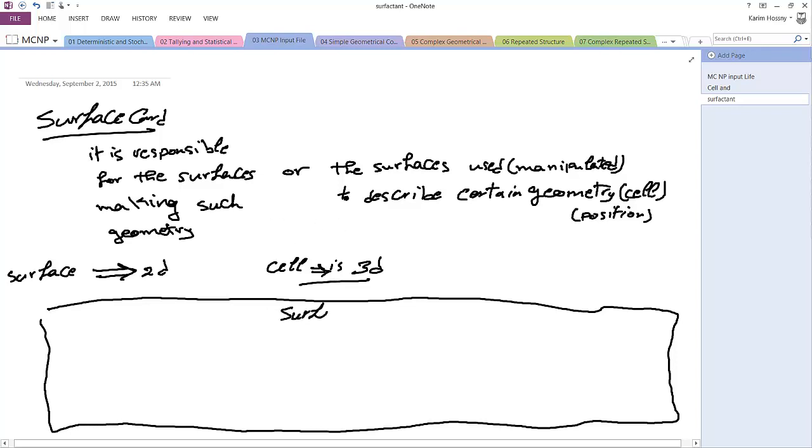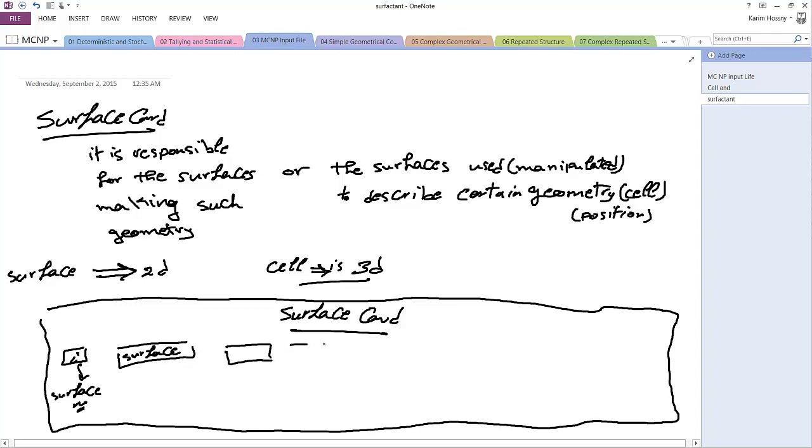The surface card mainly consists of the surface number, which will be used in the cell card to imply the position, and then the surface symbol, and then the surface parameter.